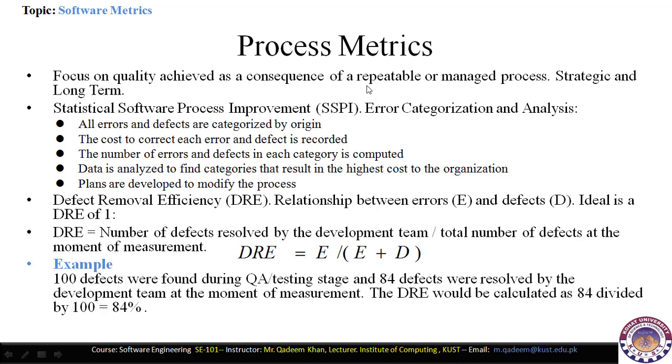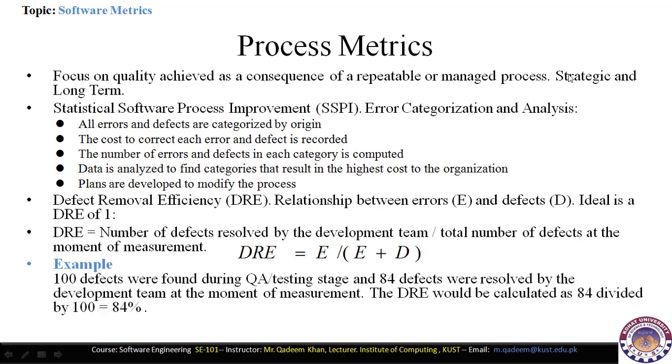And managed means that good managerial experience and education is required to perform the process. So, if a process is repeatable and managed, then the quality of the software process models for the product will be of a high standard.